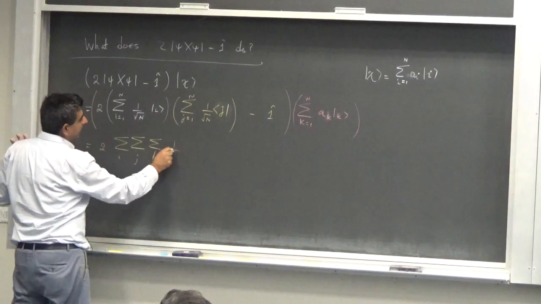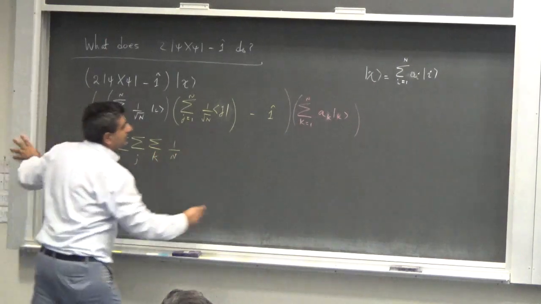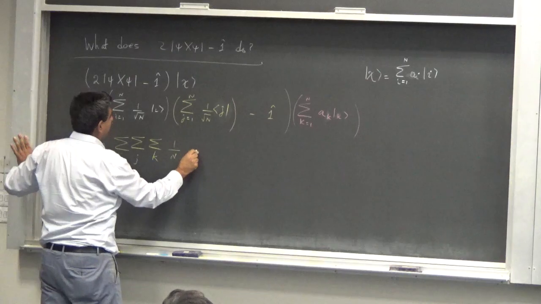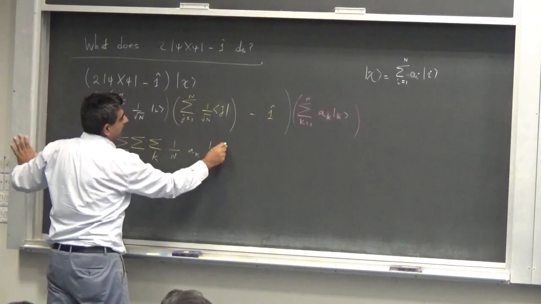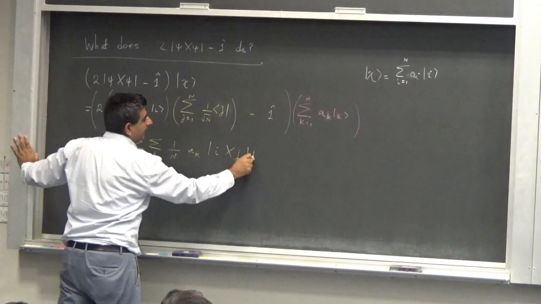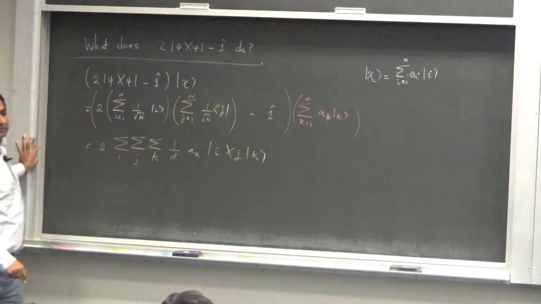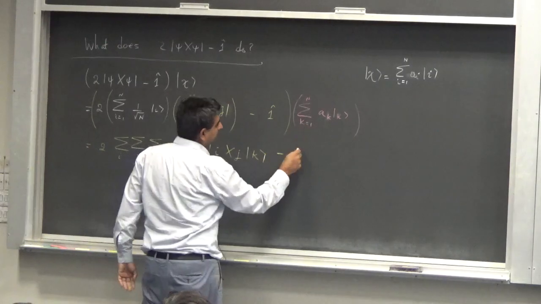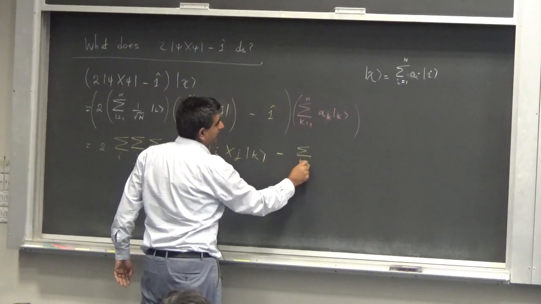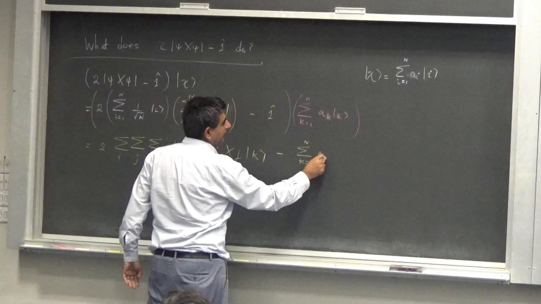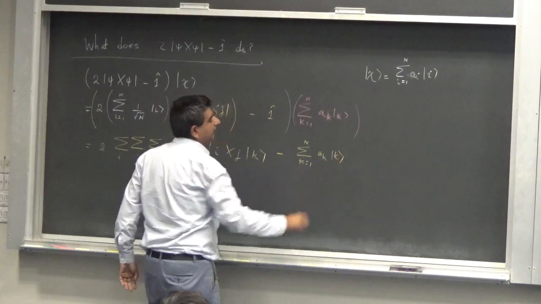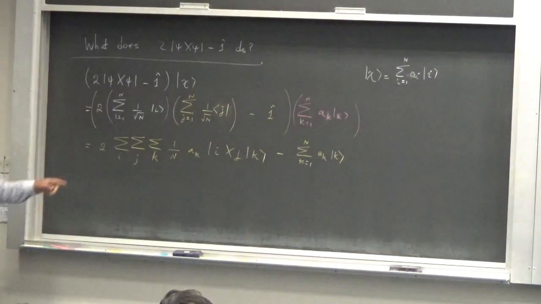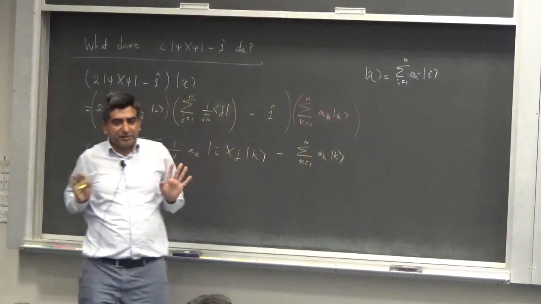This becomes 1 over n. This gets an ak, i, j, k. Correct? Minus the same thing, because identity acting on this leaves this unchanged.